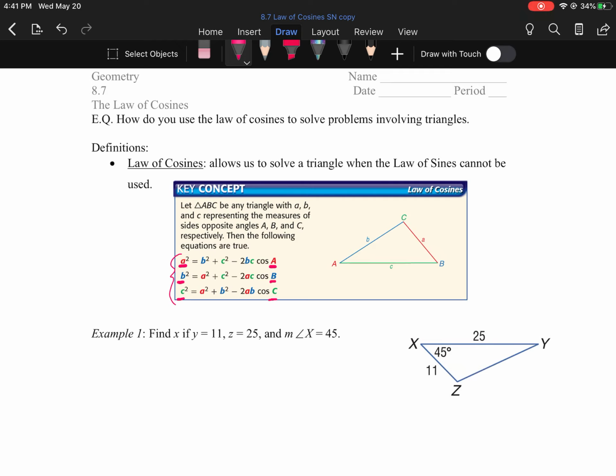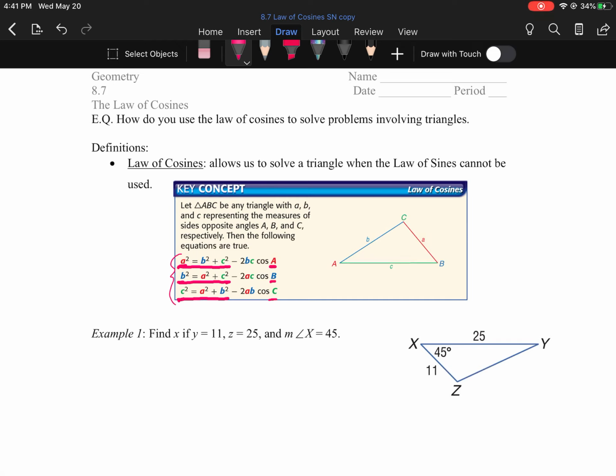If you also take notice of that first portion, I'll start with the bottom one: C squared equals A squared plus B squared. That looks just like Pythagorean theorem. The other two are very similar: A squared equals B squared plus C squared, or B squared equals A squared plus C squared.